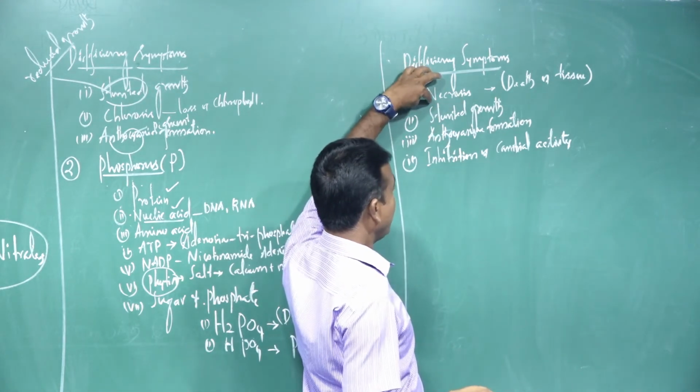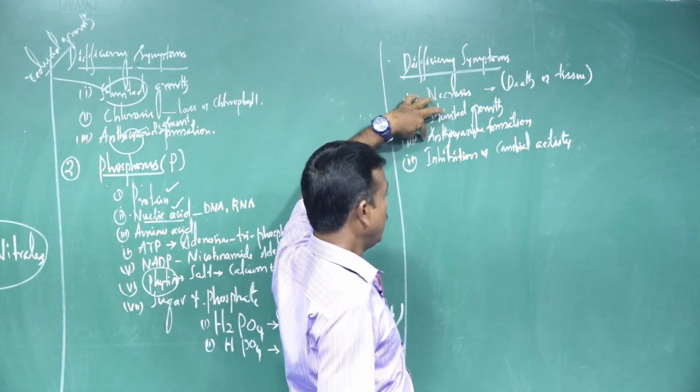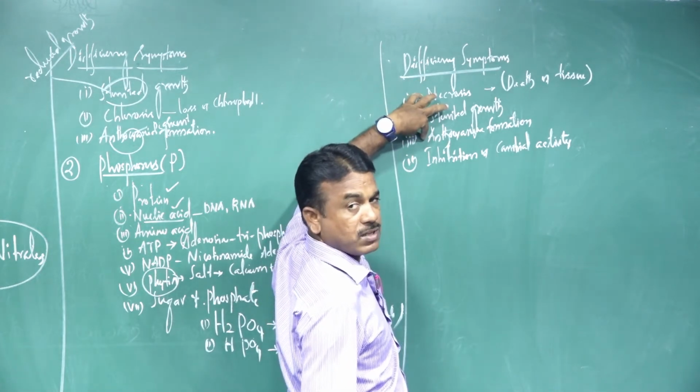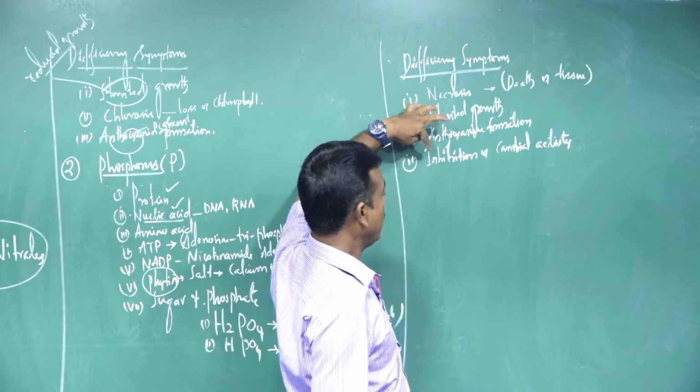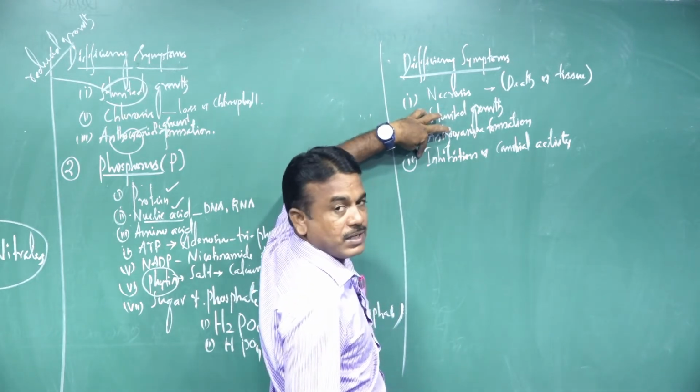This is called necrosis. Stunted means retarded growth. Anthocyanin means formation of different kinds of pigment in the leaves. Then inhibition of cambial activity.